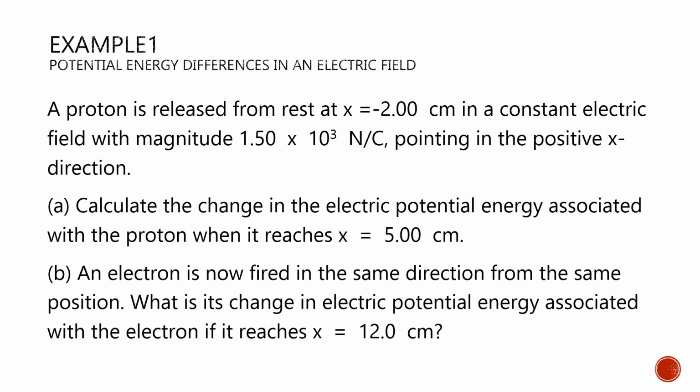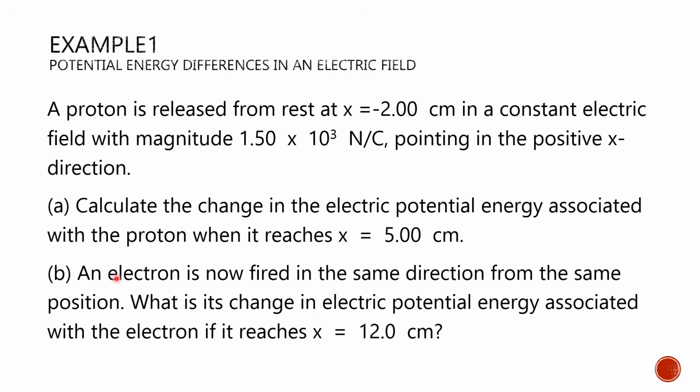Here's an example on potential energy differences in an electric field. A proton, which is positively charged, is released from rest at this position in a constant electric field with this magnitude pointing in the positive x direction. Calculate the change in the electric potential energy associated with the proton when it reaches 5 centimeters.